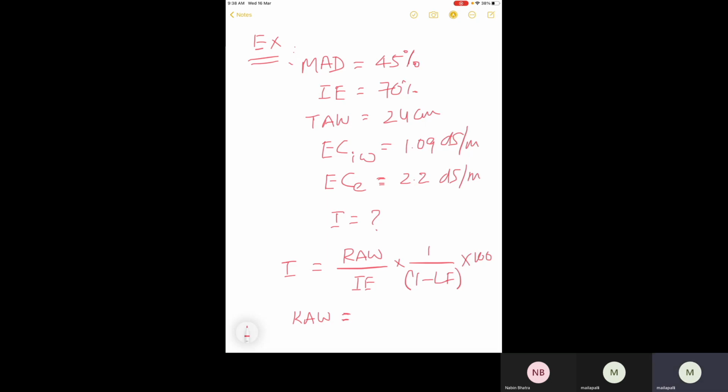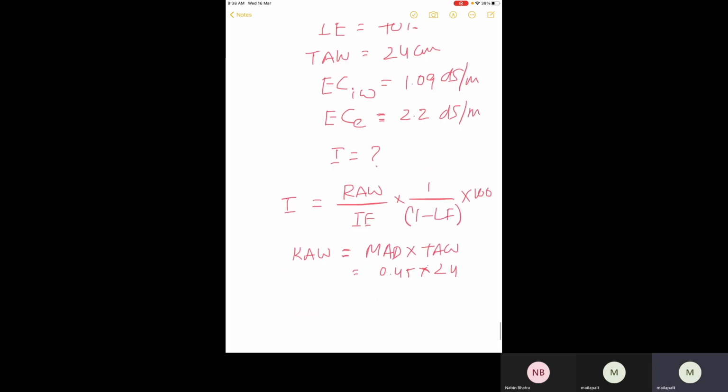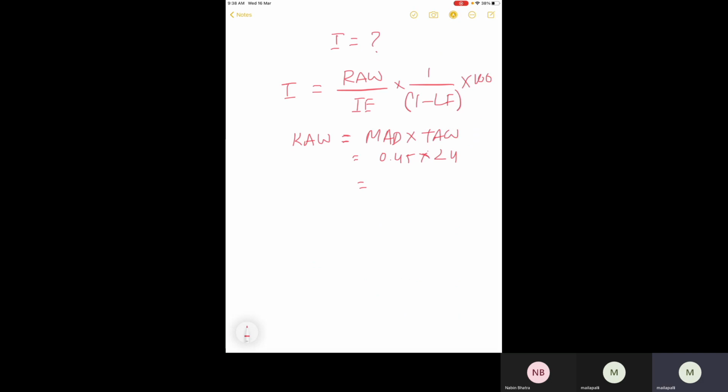So that is MAD multiplied by TAW, which will be 0.45 multiplied by 24, which is equal to... let's keep it, or maybe you can find out with the calculator.